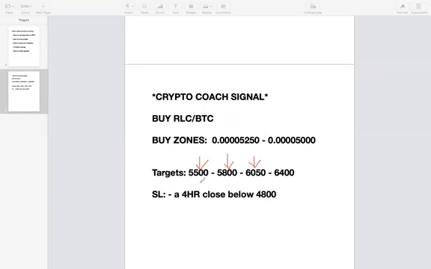So now, when I say lock your profits in between TP1 and TP2, it means TP1 to TP2 is what, 5.5 to 5.8, right? You can come and lock your profits at 5.700. Understand? Lock your profit at 5.700. Same way applies in this 5.8 to 6.50.